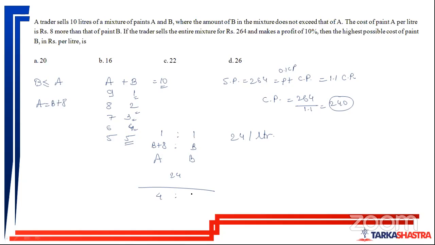It will be possible only if it is 4 is to 4. Otherwise, it is not possible. Whereas the average value is exactly in the middle of the values of A and B. Obviously, the value of B will be 20 and the value of A will be 28. You can check for 1, 2, 3, 4 liters. You cannot get the value of B greater than 20.